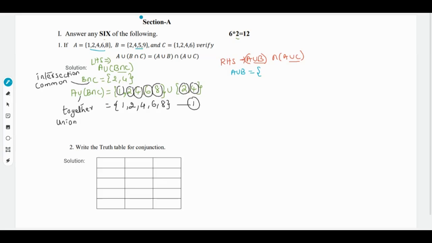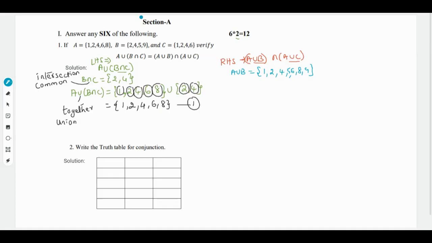That is 1, 2 is repeated so we'll write it only one time, then 4, then 6, then 8 and then 9. We'll write all the elements which are there in A and B: 1 and 2, then 4, then 5, then 6, then 8 and then 9. So we have written all the elements present in A and B.